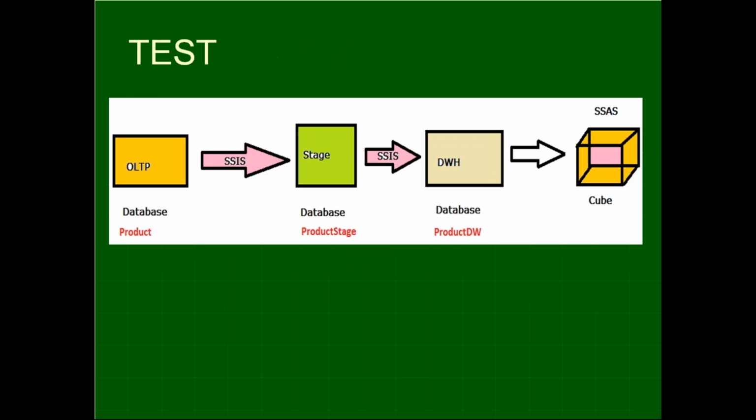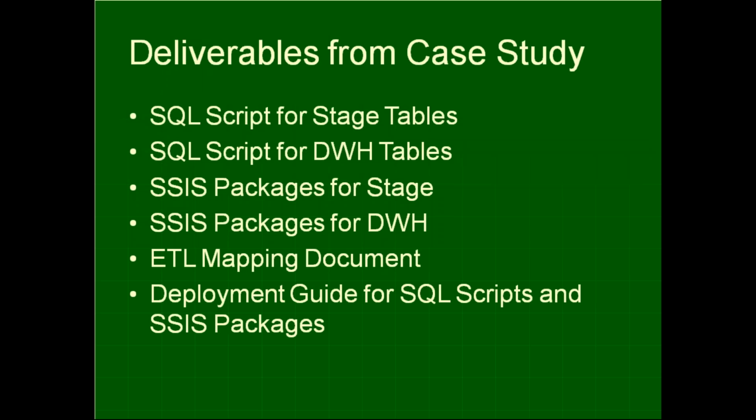So you have to create the deployment guide properly, and if there are errors in the deployment guide, they'll get confused. So remember, a layman is having only empty servers. The only thing they have is the OLTP data, that's it. They don't have anything in the staging, they don't have anything in the data warehouse.